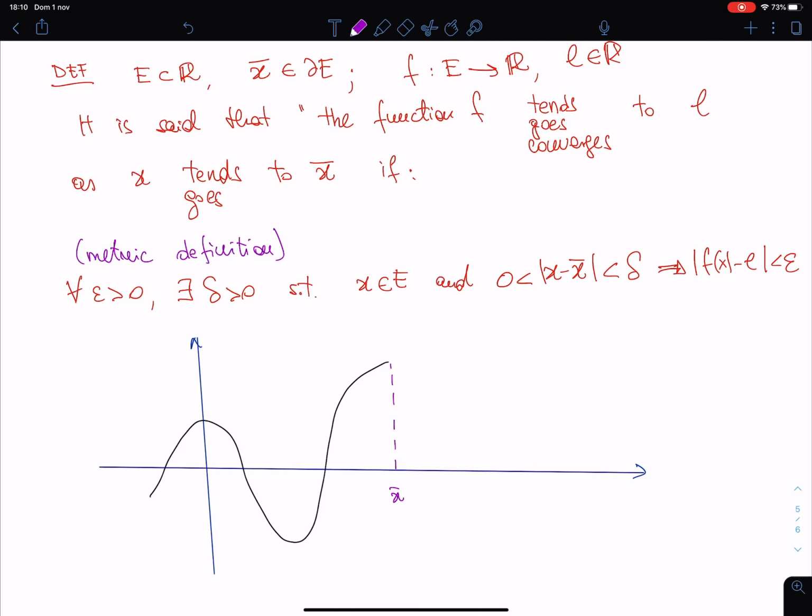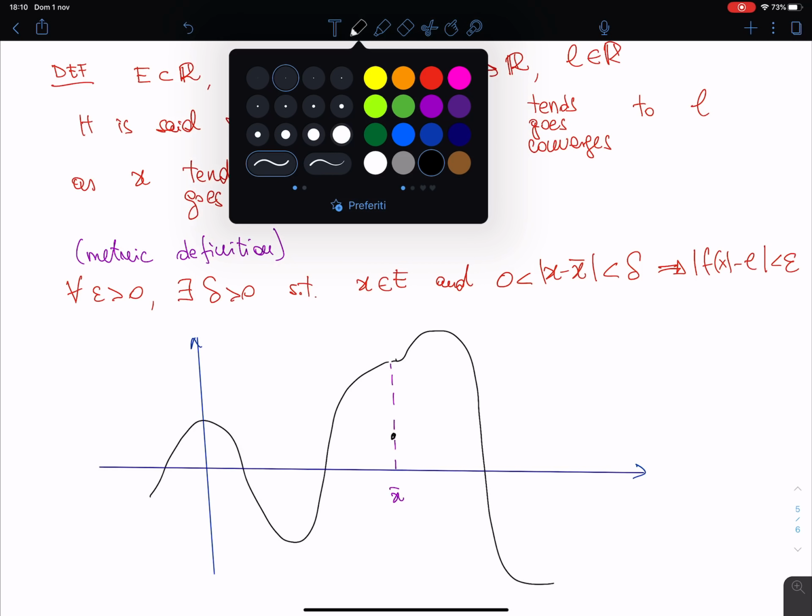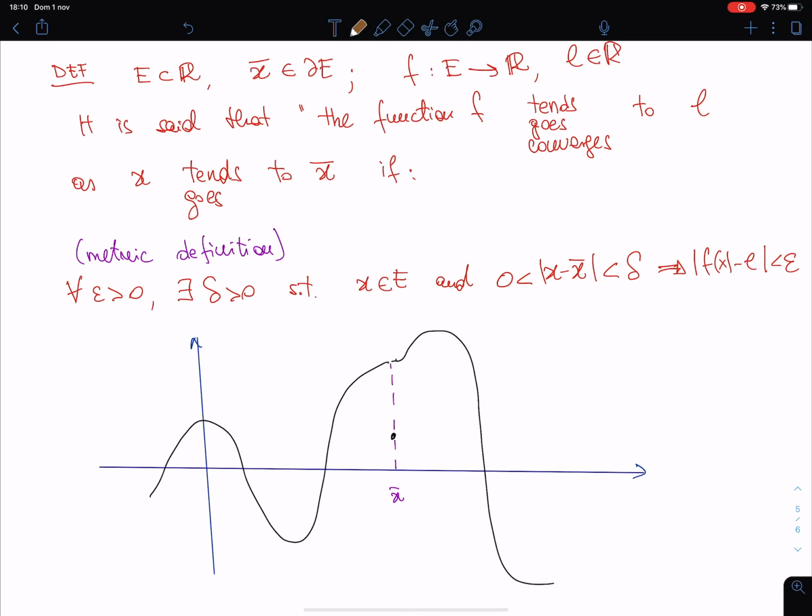In x bar, the function, for instance, is here. And let me go further with this graph in this way, like this. And so in this picture, we have the candidate L, which is here.